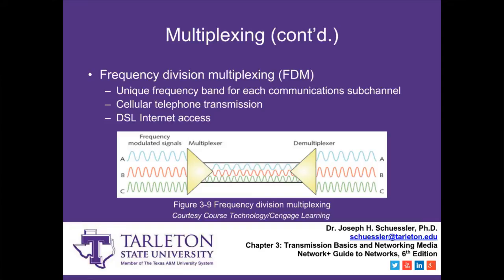Frequency division multiplexing involves the use of fiber optic cable. Actually, I shouldn't say that. It breaks it up based on the frequency, so you can actually have multiple signals traveling down your communication line at the same time. They're just using specific parts of the cabling for it.